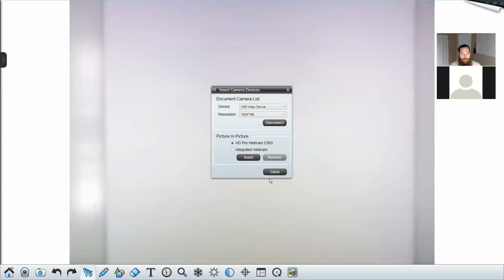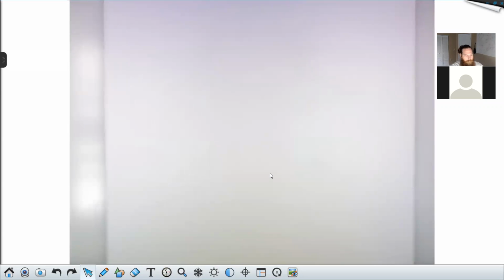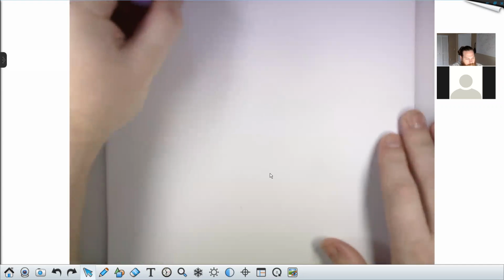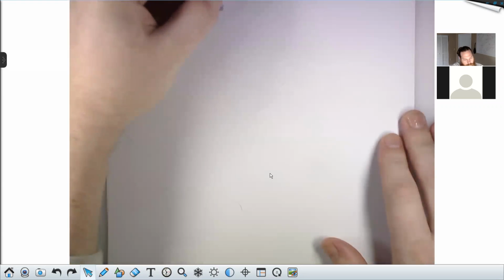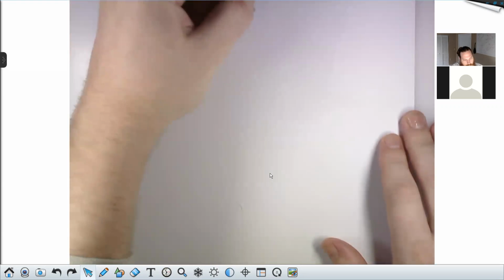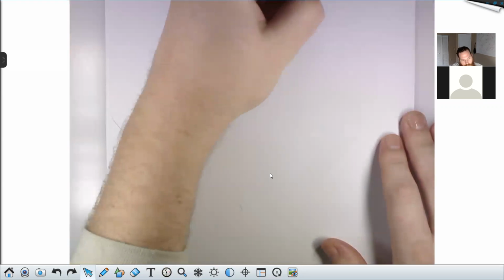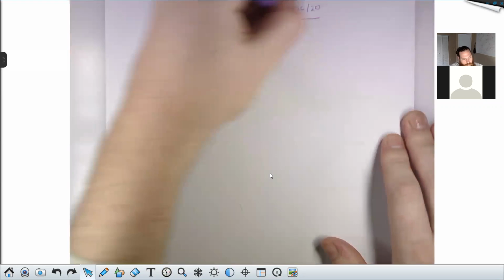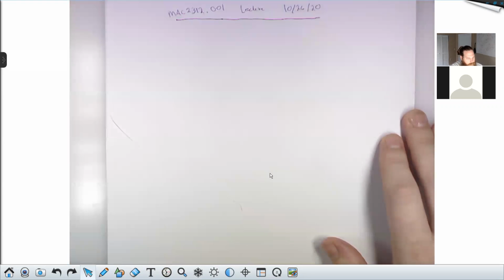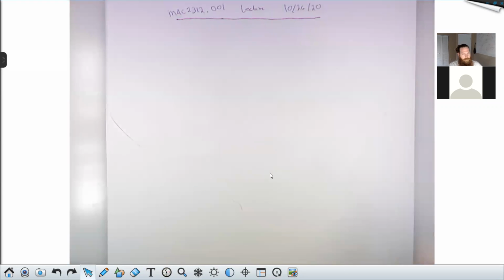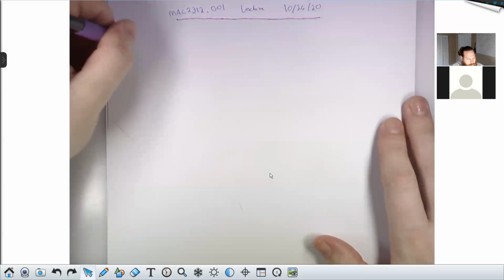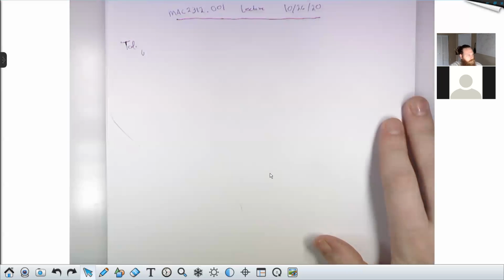Yeah, that's good. You can close. So this is Calc 2. I might have to change colors here. This pen seems like it doesn't want to cooperate, but we'll see as we go.